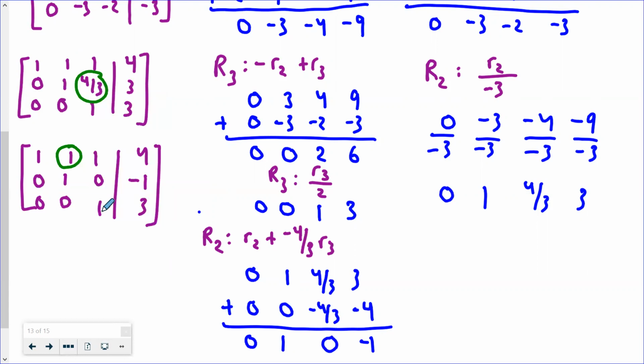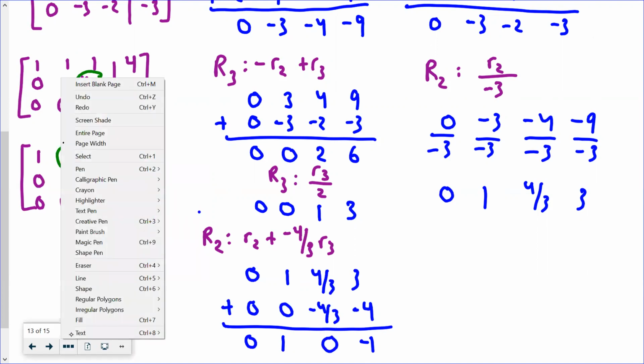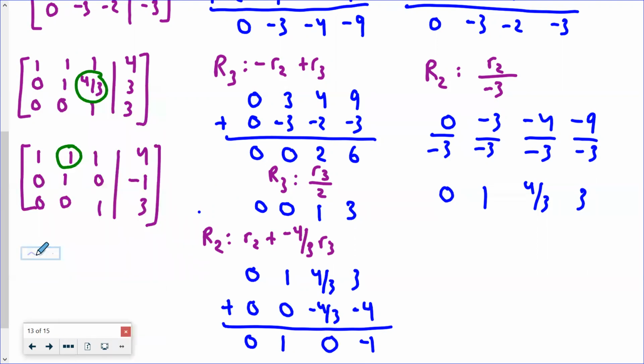Okay. All right, so now I'm going to actually call on Nathan House. Nathan House, how am I going to get rid of that 1 here? Which row would I use and what would I do with that row? Well, looking at the rows, what is the only row that has a value in the second column?